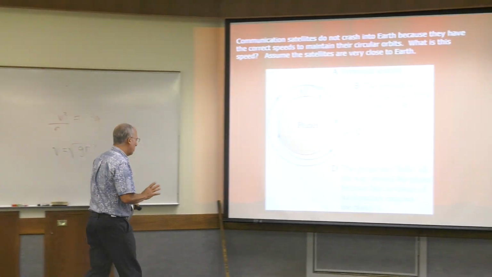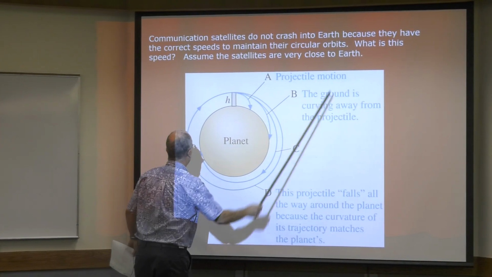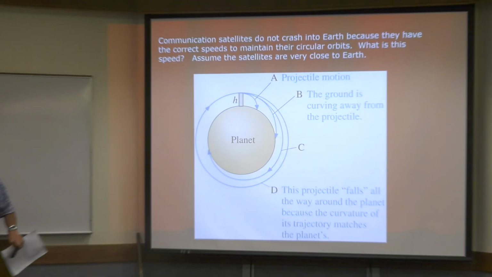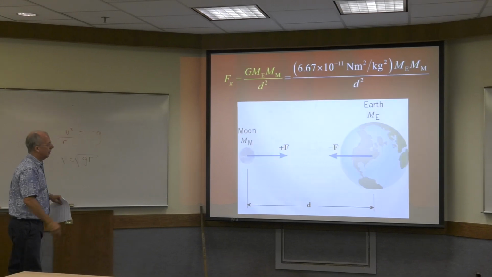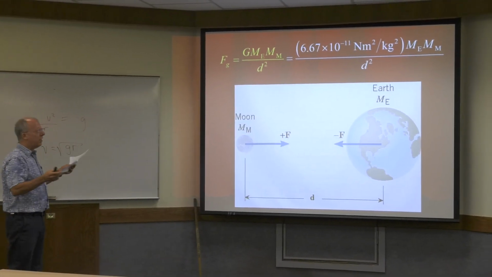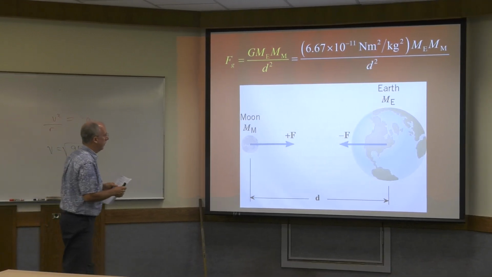Now, again, this was easy because we said we were close to the Earth, so we just said that the gravitational force was mg. Well, let's get a little bit more sophisticated. You've seen this before. This is called Newton's law of gravity.